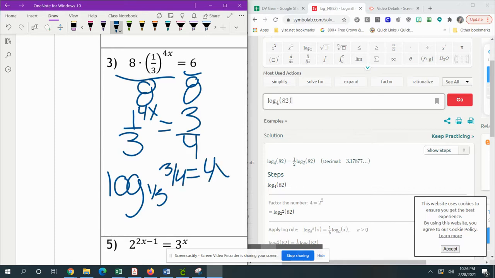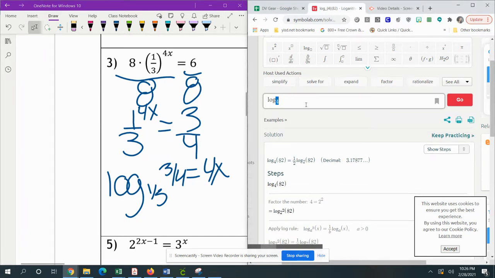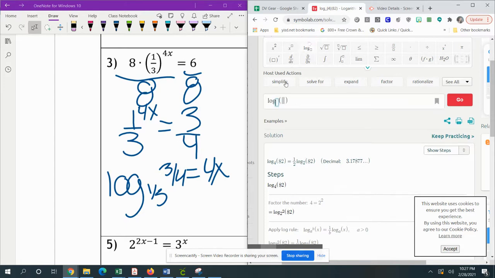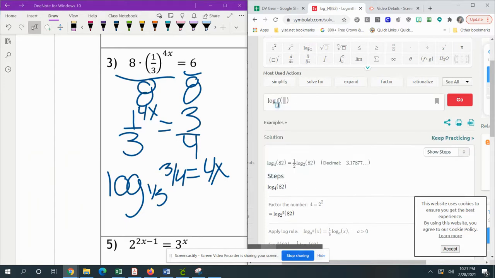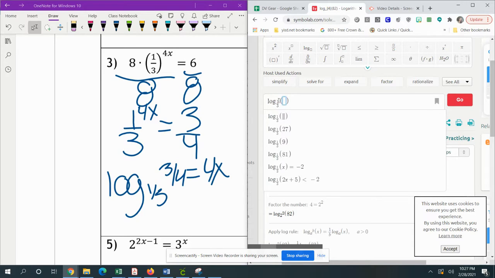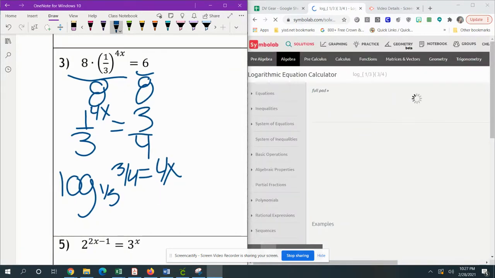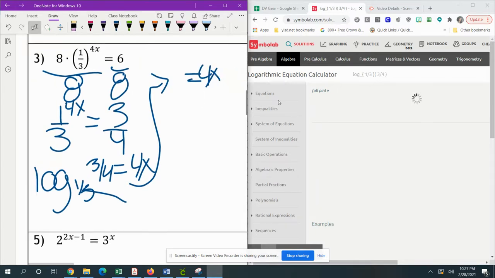My exponent is 4x. So I'm going to put my logarithm in my calculator here. Log base 1/3 of 3/4. I'm going to figure out what that's equal to, but here it's going to be equal to 4x.